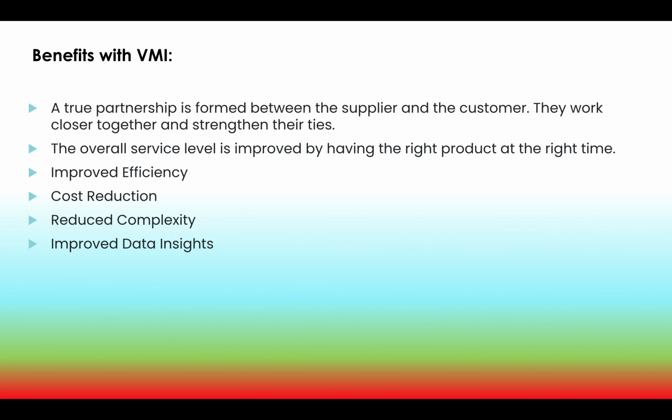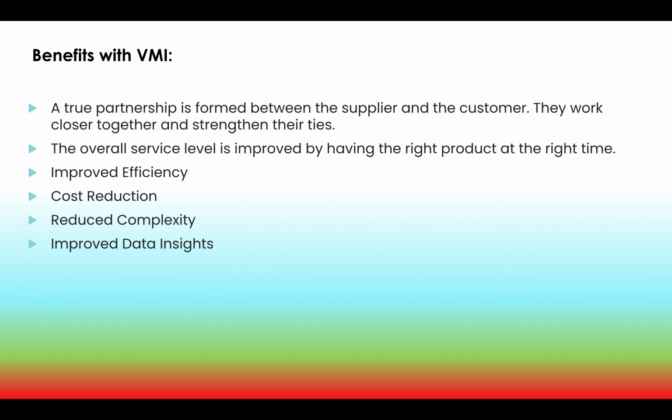Improved efficiency, because every time they don't need to look for inventory. The supplier already has a system that plans demand and replenishment, and will send the inventory whenever the product is needed at the customer location. So there is no wait time for product.